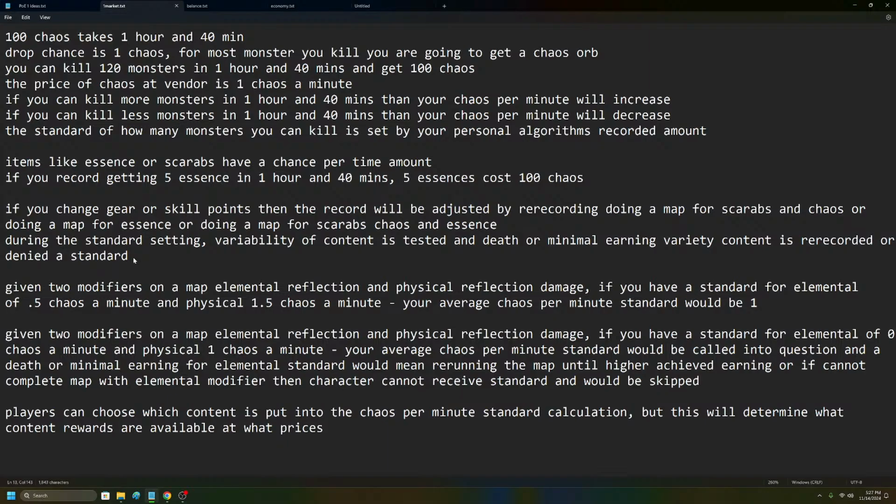And if your Chaos Orb standard is 0.5, that means you're not able to do Delve that well. The resonators are more expensive. And if you've only run automated content, you have less Chaos Orbs to buy the resonators with.